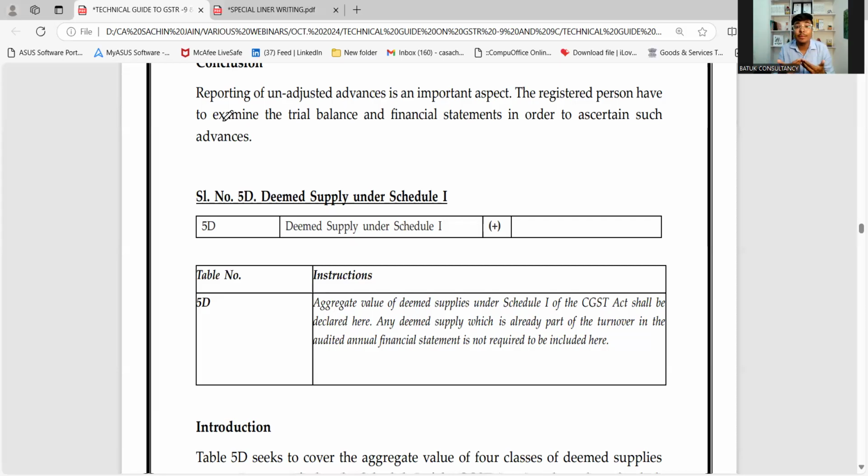In that case also there may be a difference, so you need to show it under deemed supply. There may be a transaction between principal and agent. There may be a transaction of import of service. In such a scenario, you just need to record it in the specific tab so that your reconciliation of the books of accounts with GSTR-9 is there. And that is the basic motto of this tab. Next.